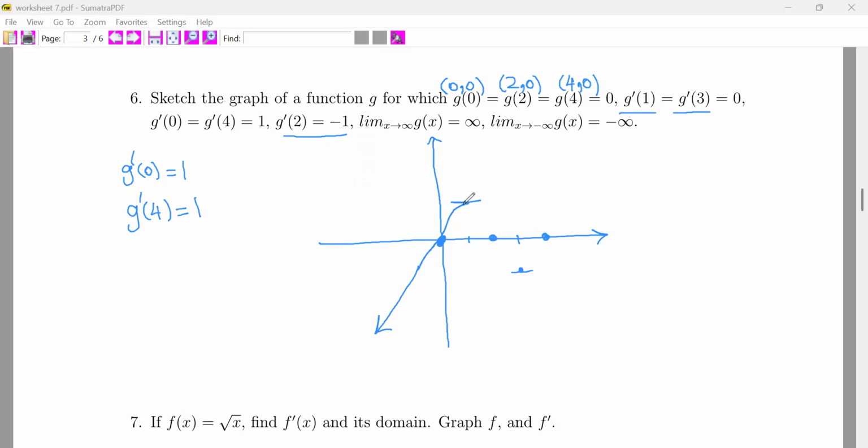There is no other way to round it off here to have a negative slope and reach the other point. And again, since at 4 we have a slope of positive 1, we are going to cross the x-axis. And since the limit of g of x when x is approaching infinity is infinity, the graph is moving up and right.